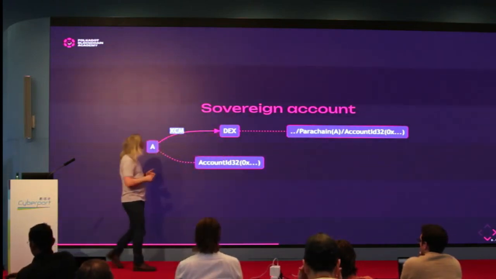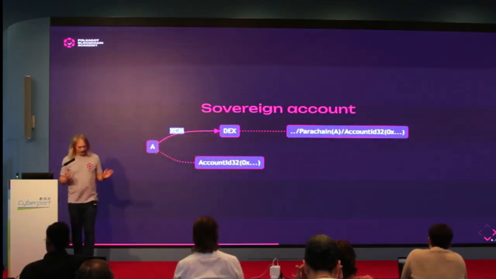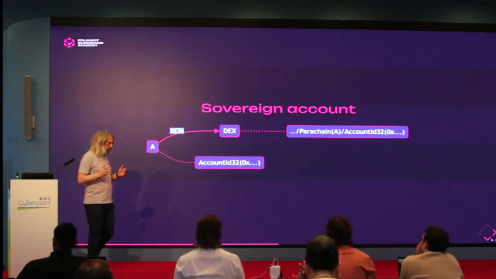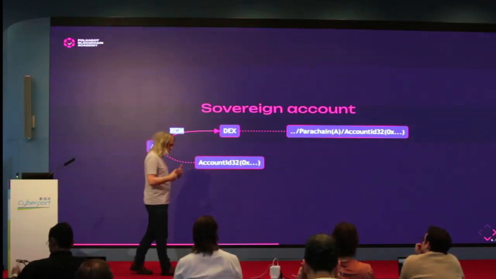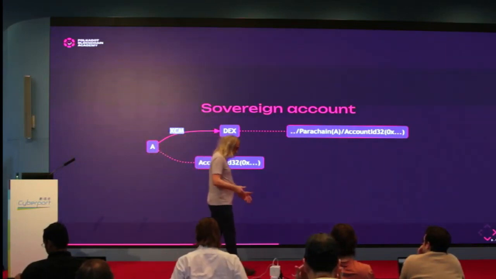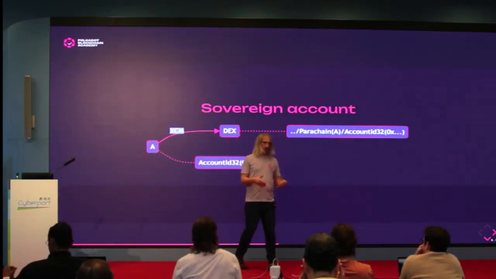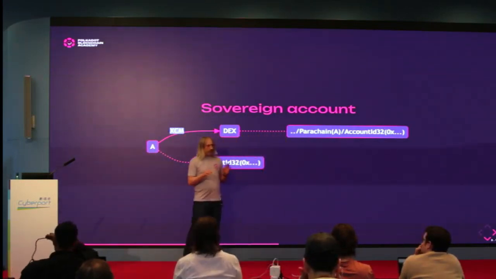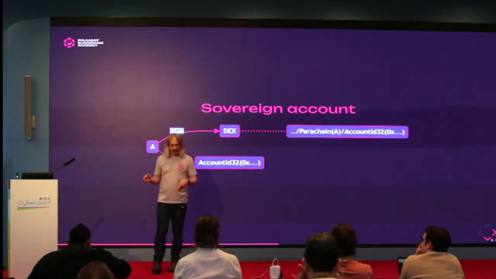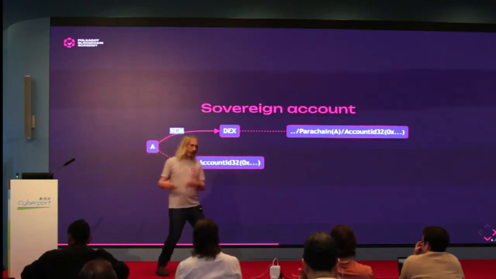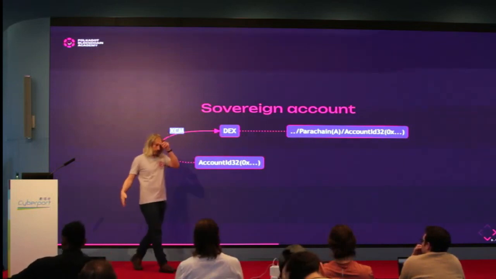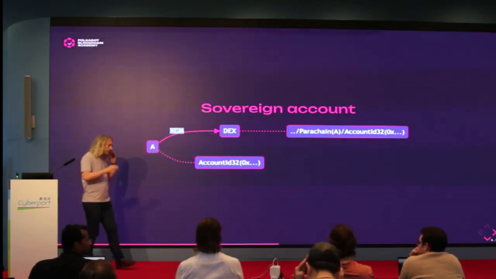Sure. What this comes down to is, when the XCVM is executing, it has a privilege system, right? Many of the instructions execute on the basis that they have been ordered by someone or something. Some of them don't.